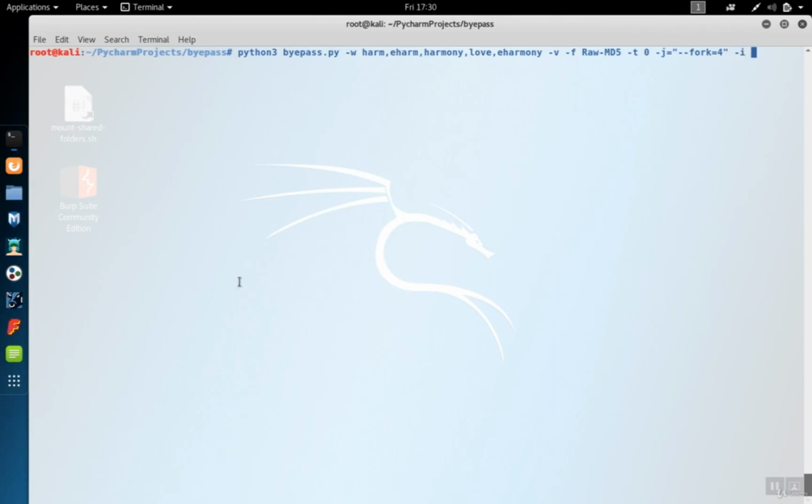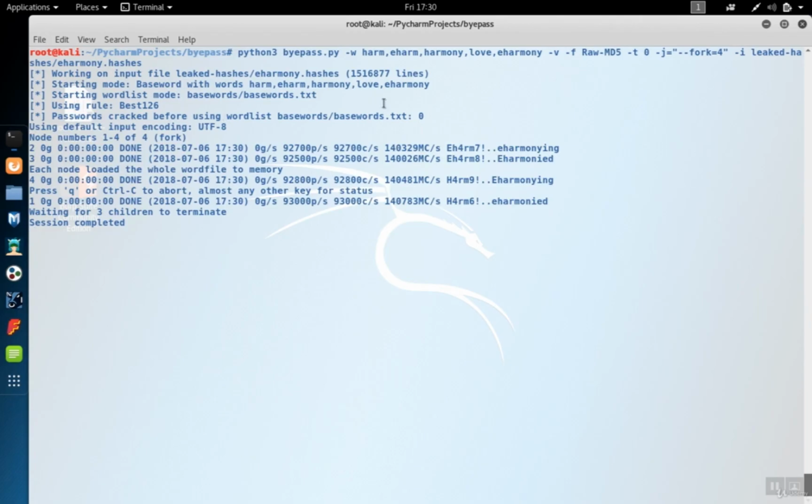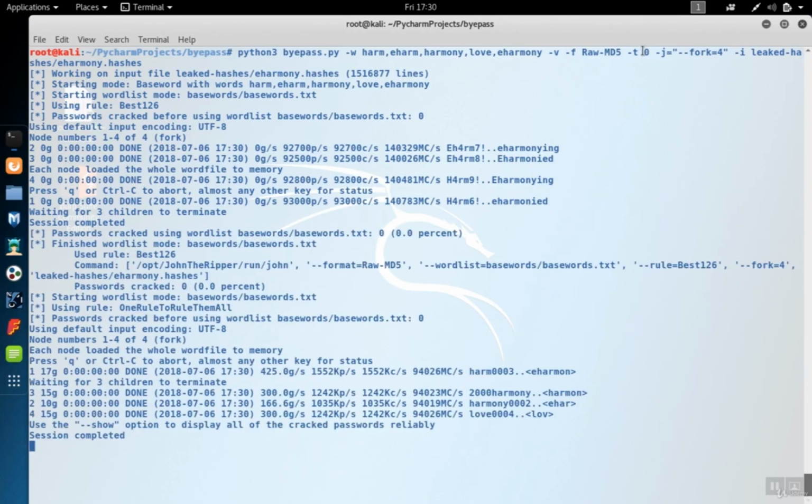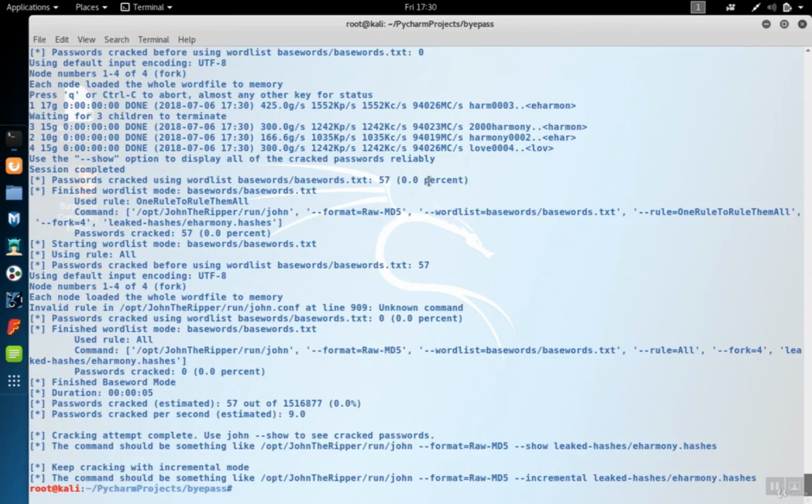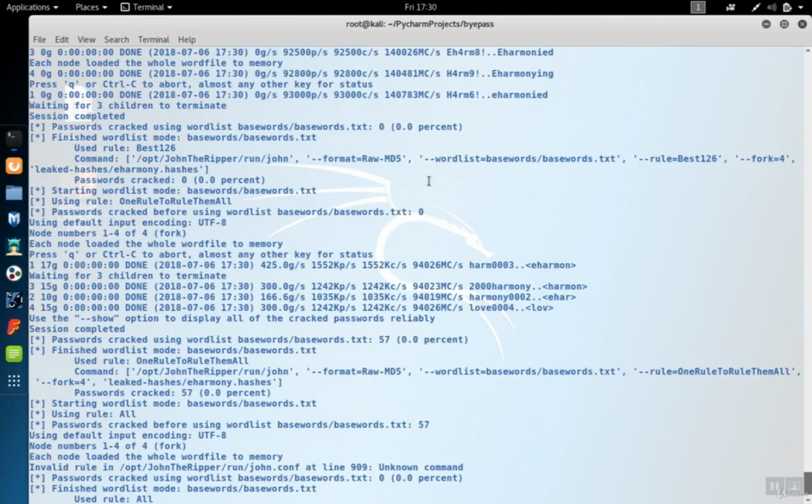We need to pass in -I to point to the set of hashes. So we'll go ahead and run this. In our case, note that the -T0 is just to keep the other modes from running so that we can isolate just this mode.